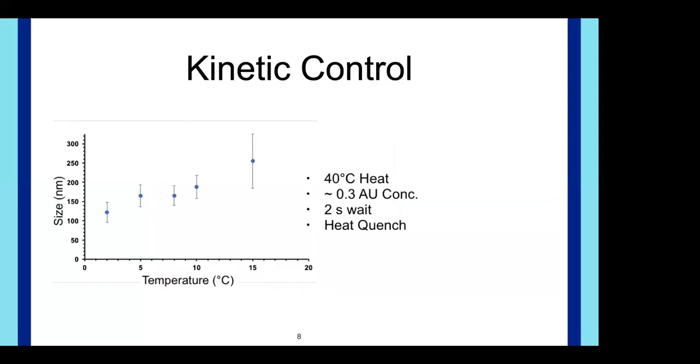So let's move on to some experimental data that we found from this. Using that gold 25 hexane thiolate in the zero charge state, this is all done in 80% ethanol here. These were put into solution, heated to 40 degrees Celsius in the water bath, and then quenched within the DLS to these lower temperatures.